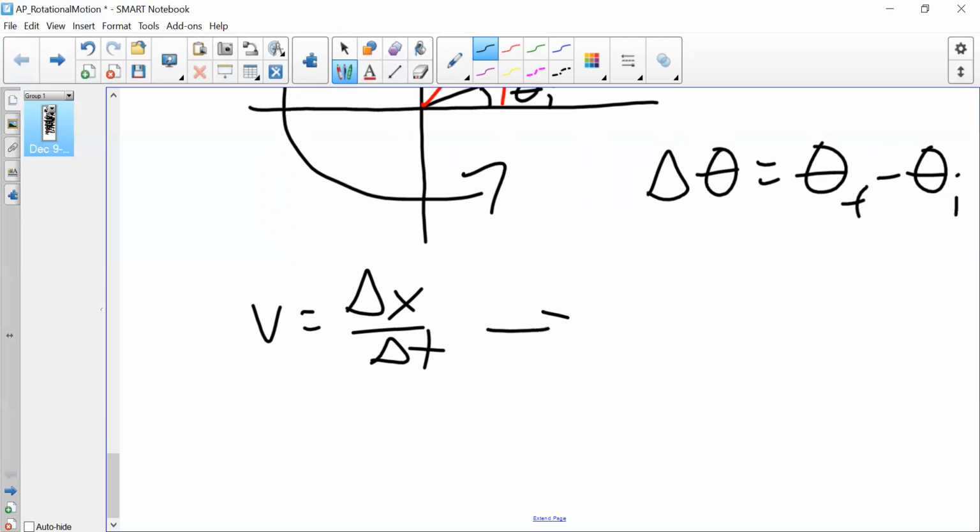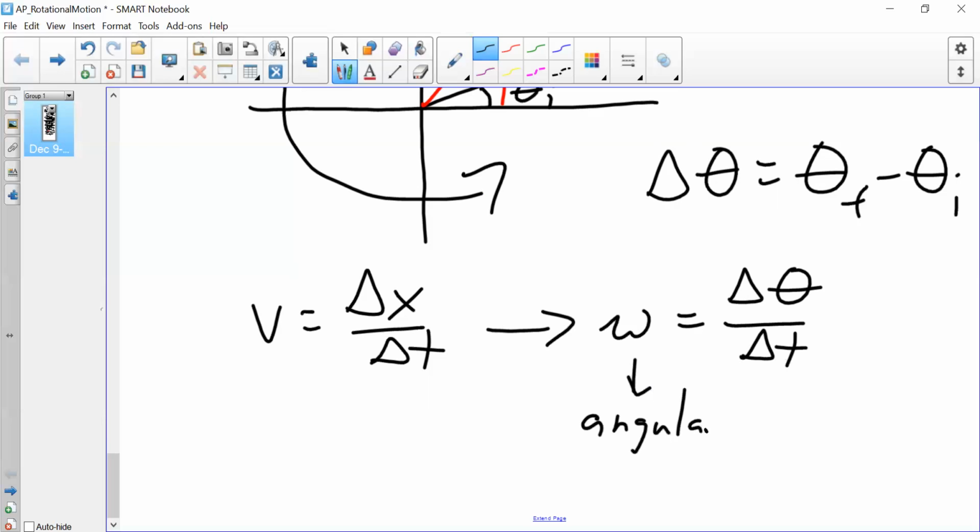So we introduce a new variable we call omega, the angular velocity, which is delta theta over delta t. This is angular velocity, which is the ratio of angular displacement over time interval.